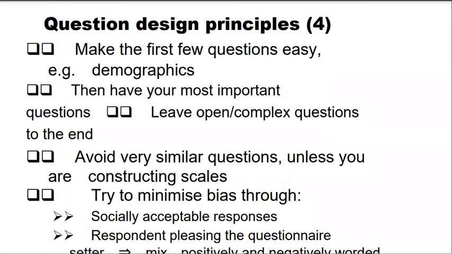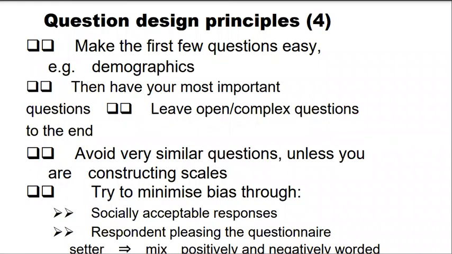So question design principles. Make the very first few questions about demography. So things like their biodata, their age, their gender, their geographical location, their maybe status or any of such, depending on the kind of research you're carrying out.